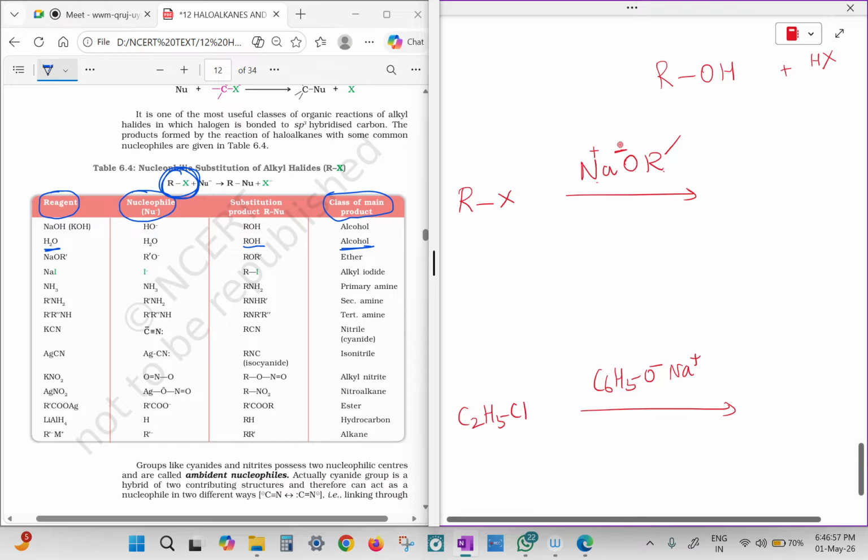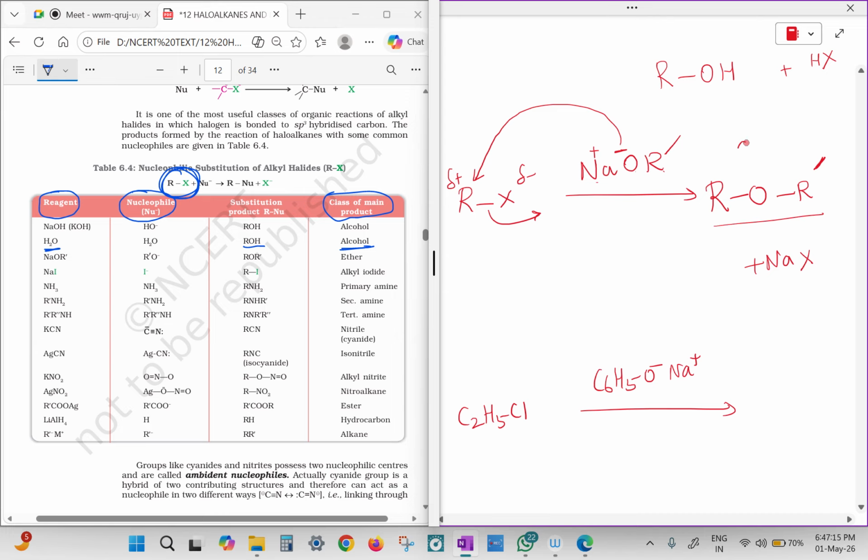So OR minus is the nucleophile. It approaches the electropositive alkyl group and replaces the electronegative halogen. So you get R bonded to O, which is bonded to R dash, and the byproduct will be NaX. The class of compound that we are getting is ether.